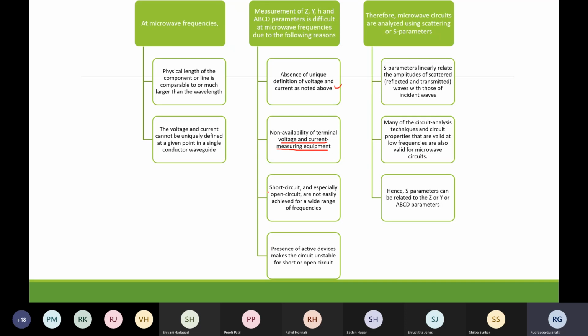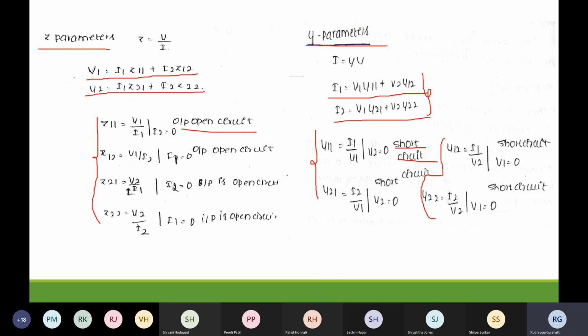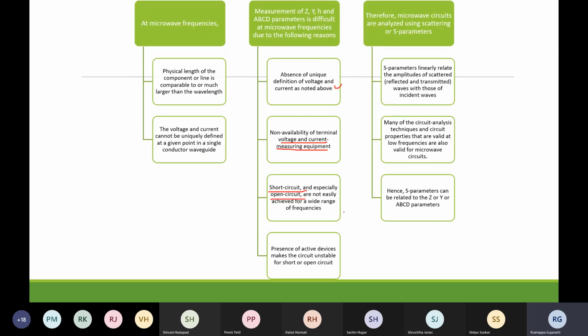Next, obtaining the short circuit and open circuit, as we had to for the Z and Y parameters, is not easy. Because of the active devices also, when we try to make the circuit open or short circuit, these active devices become unstable.